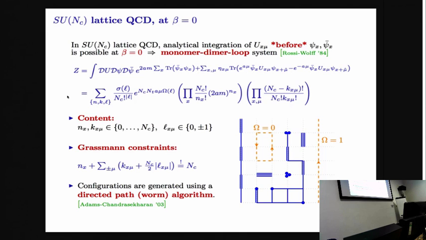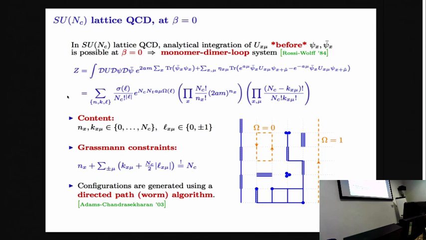In the traditional way, you integrate out the fermions because you cannot put them on a computer, and then you generate configurations which depend on your gauge field, and these fluctuations can be argued as being the ones that drive the fluctuations that you cannot control at finite mu. But if you integrate out the gauge fields first, before you integrate the fermions, then you might argue that you get rid of these fluctuations and you might be able to control the system at finite density.